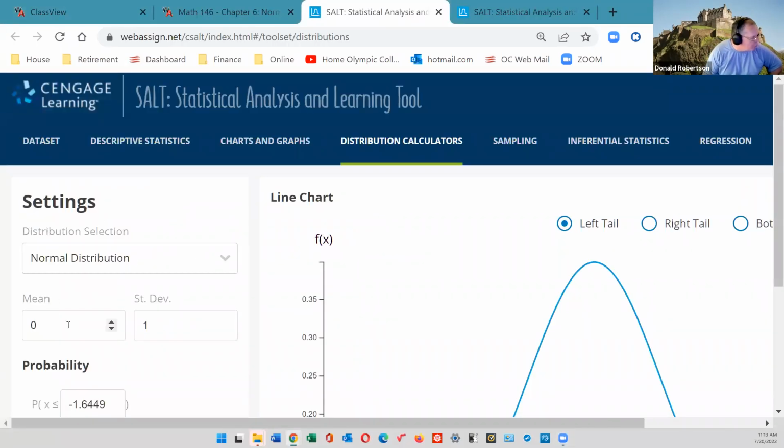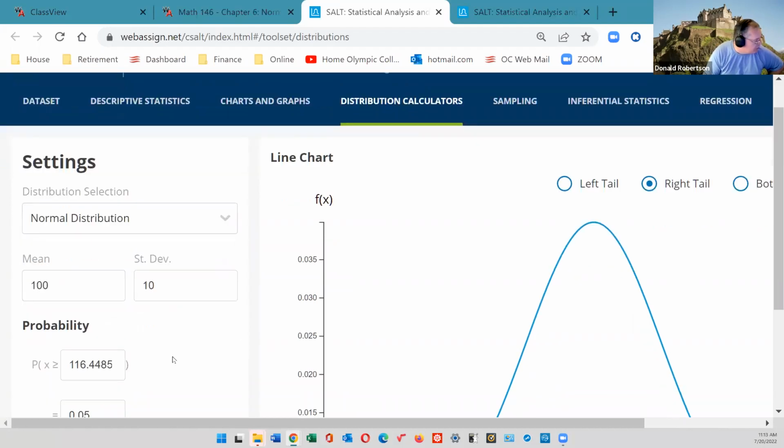And it's going to be normal. The only difference is if the mean is 100, you put 100 here. And if the standard deviation is 10, you put 10 here. And the first question I wanted to know was what proportion of people have an IQ greater than 121? Right tail for greater.